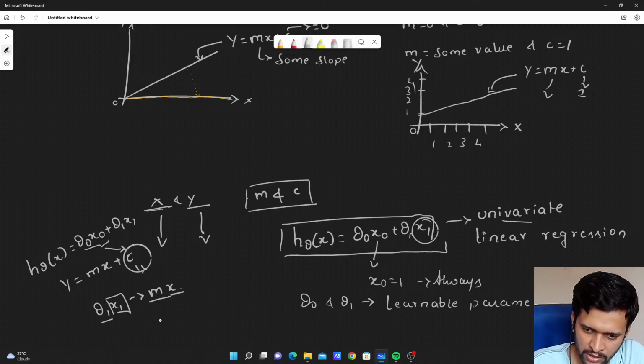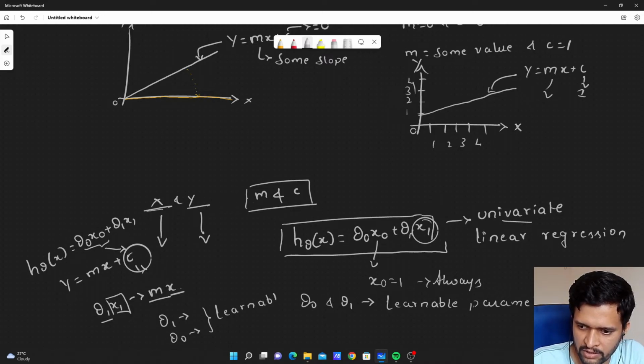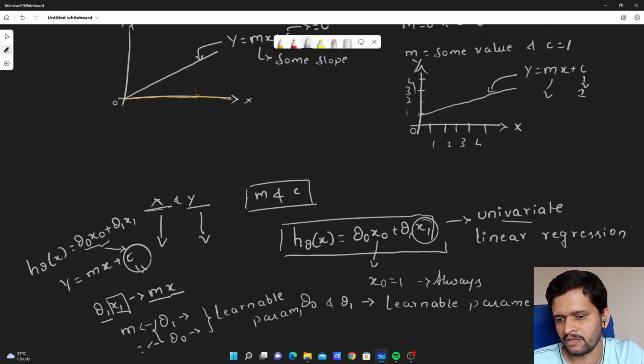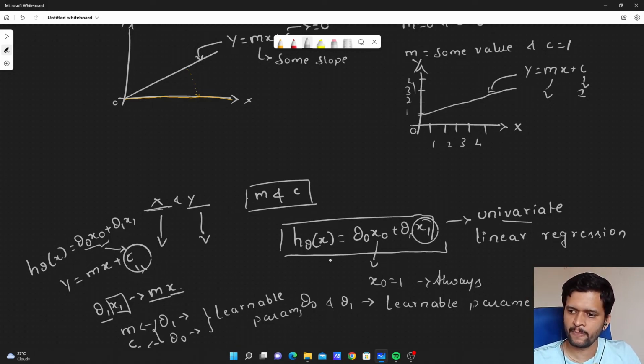So in this hypothesis, theta 1 and theta 0 are our learnable parameters. You can associate these two with the equation of straight line variables: theta 1 will be m, the slope of the line, and theta 0 you can associate with c. This is how a basic hypothesis of linear regression is formulated.